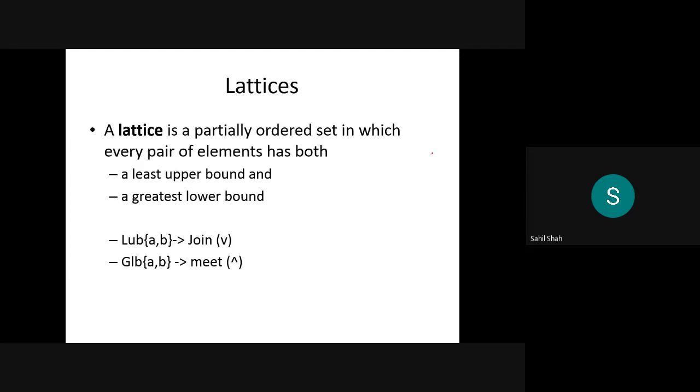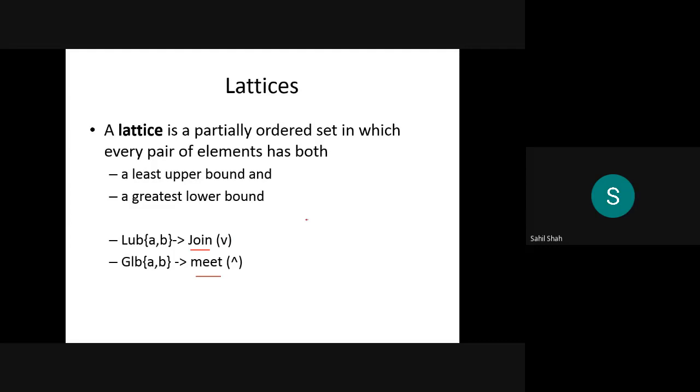So in the terminology of lattice, we have two new operators. One is join and the other one is meet. In general, if you have any two elements A comma B, their least upper bound is denoted using join. So henceforth, in the context of lattice, you can say join. It is represented using the OR operator.